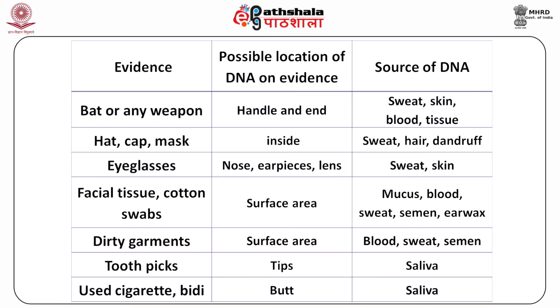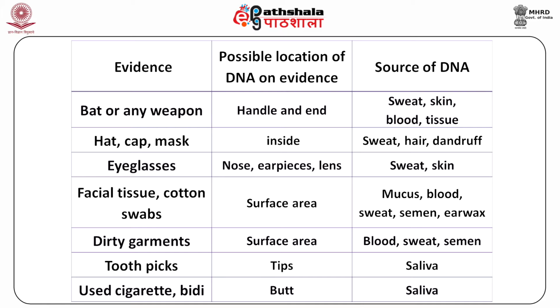Facial tissue or cotton swab can be the evidence, and any surface area on them can contain DNA, and the source of DNA shall be mucus, blood, sweat, semen or earwax. Dirty garments, if found, the source of DNA shall be blood, sweat and semen on their surface.